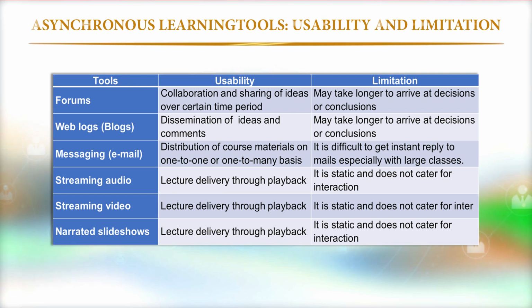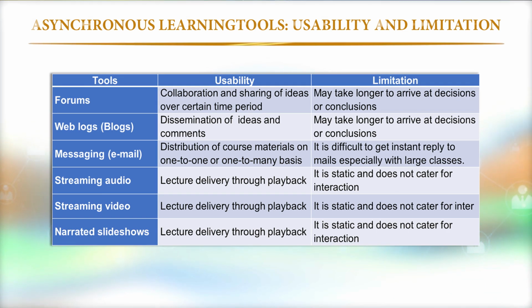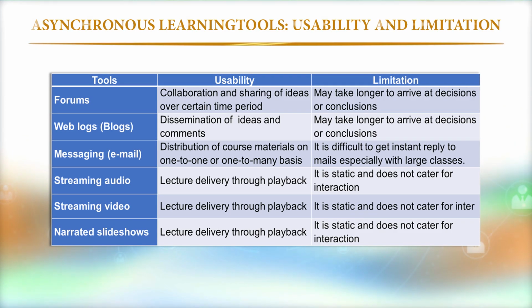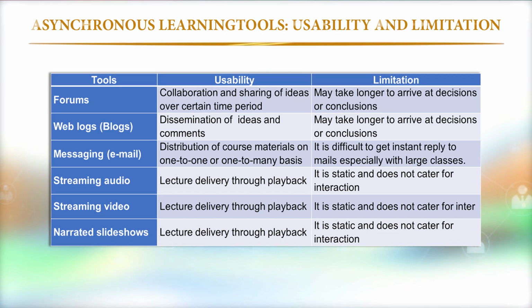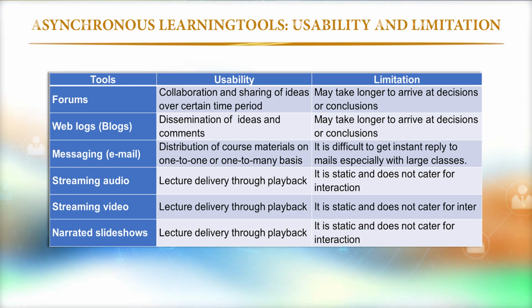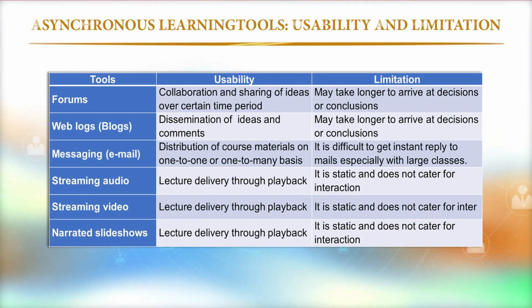Messaging through email is the distribution of course material on a one-to-one or one-to-many basis. Email is used to send messages individually as well as to the group, to the students for common information to all or one. Or otherwise if you want to send some material to the students to read, then email is also used for that.